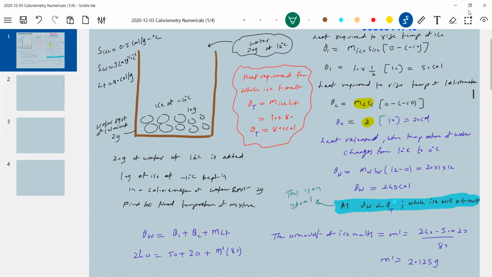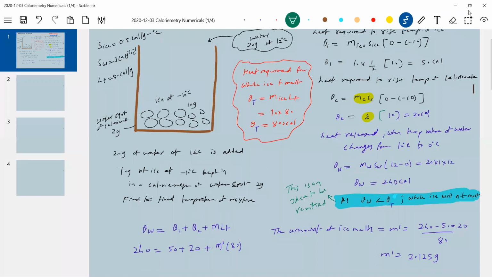This is an idea to be verified. This will help us decide what will happen in the problem. So you have to make a guess: let all ice melt. Is that much heat needed or not? Okay, that much heat is not needed. Then all ice will not melt. Able to understand?